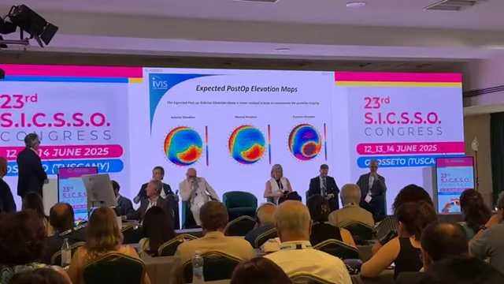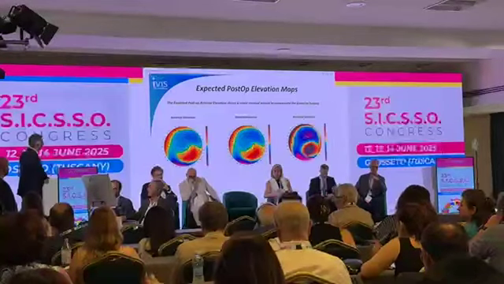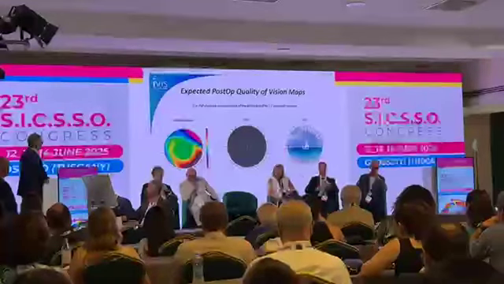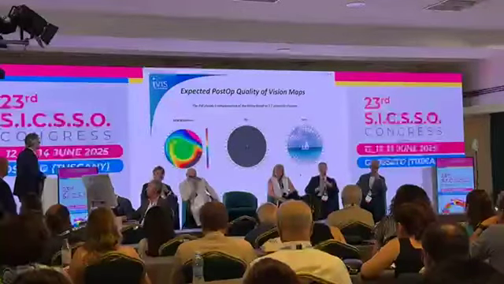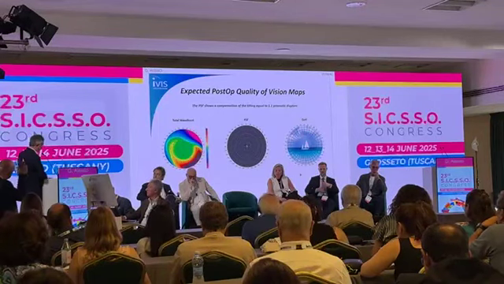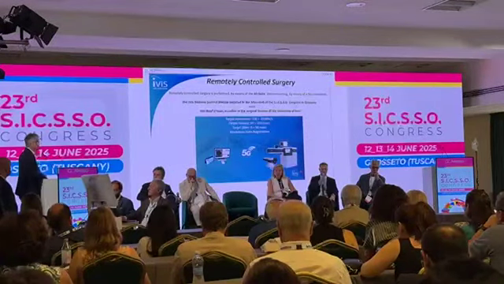What we expect is the expected post-op anterior elevation, and this is the expected ray tracing. Especially we can notice the difference between the anterior and posterior cornea, because the posterior will compensate the anterior aberration. This is the final result with the simulation of quality of vision and correction of the tilting.